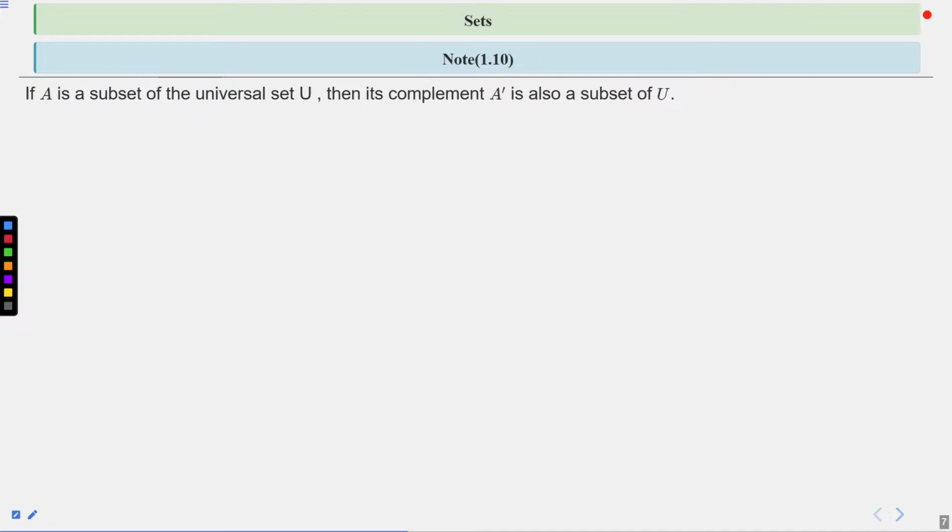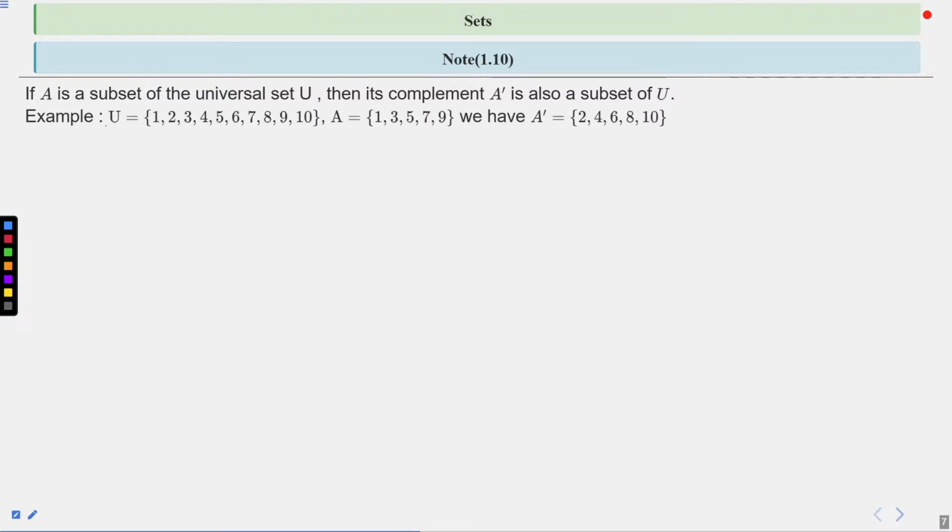Now, there's a note. If A is a subset of universal set U, then its complement A complement is also a subset of U. Clear? Straightforward.